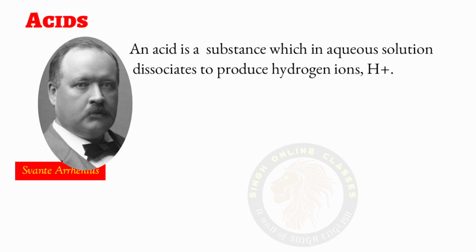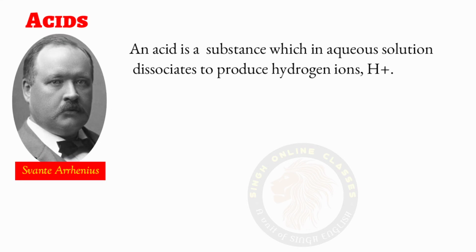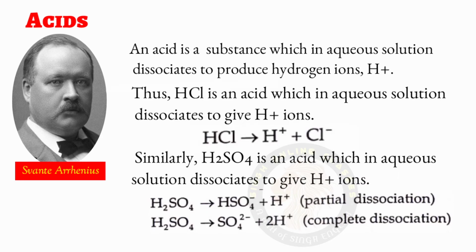Now, another definition given by Arrhenius. According to Arrhenius, an acid is a substance which in aqueous solution dissociates to produce hydrogen ions, H+. Thus, HCl is an acid which in aqueous solution dissociates to give H+ ions.